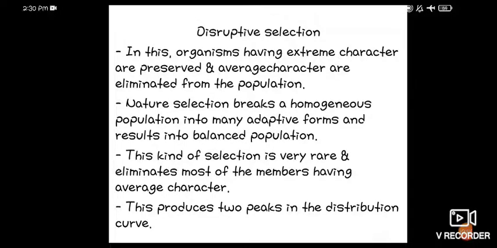Then the third one is the disruptive selection. In this kind of natural selection, the organisms having extreme characters are preserved and the organisms having average characters are eliminated from the population.